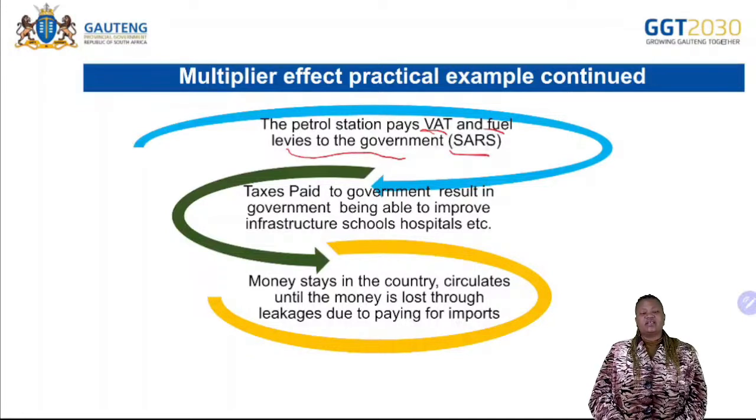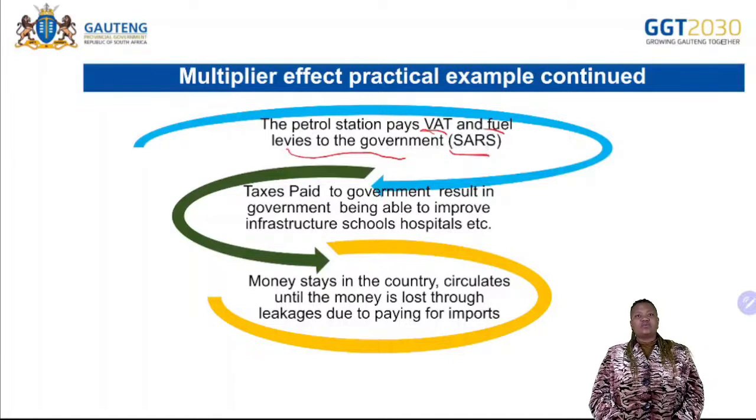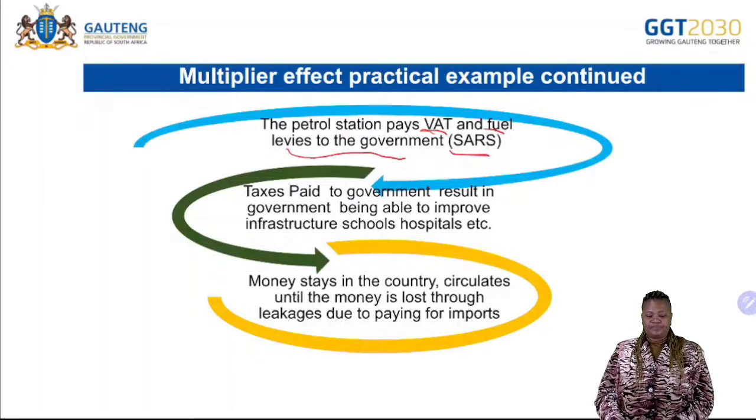So the petrol station gets its income from the fuel or the petrol that was poured by the delivery trucks. And as you know, there's value-added tax added to petrol, and there are also fuel levies that are paid to the government. So now you can see how the government is also getting a piece of the cake from the money that was spent by the tourists.